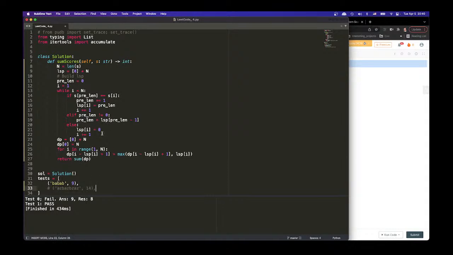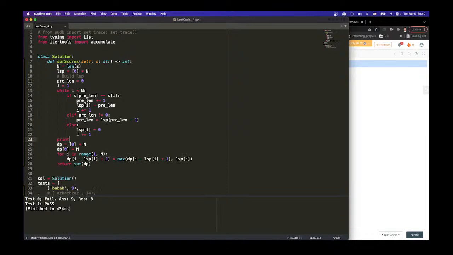All right, hold on. Let's take a look at the LPS. So we do BA, right? That's 0, and then this is 0, and this maximum is 1, this maximum is 2, this BAB maximum is 3.